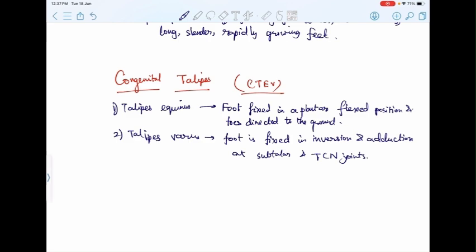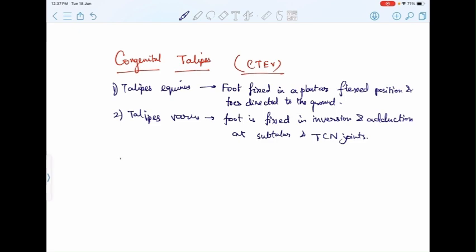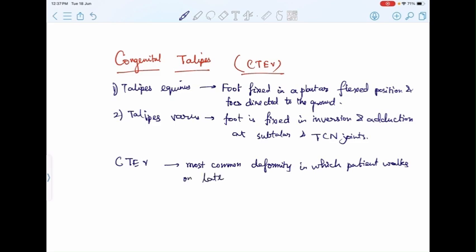So, in short, what we can write is that congenital talus equinovarus is the most common deformity in which the patient walks on the lateral border of only the front part of the foot.